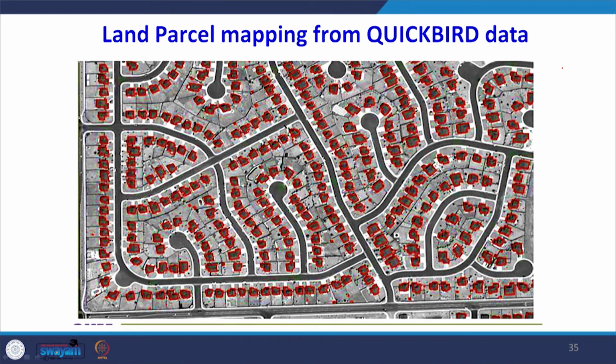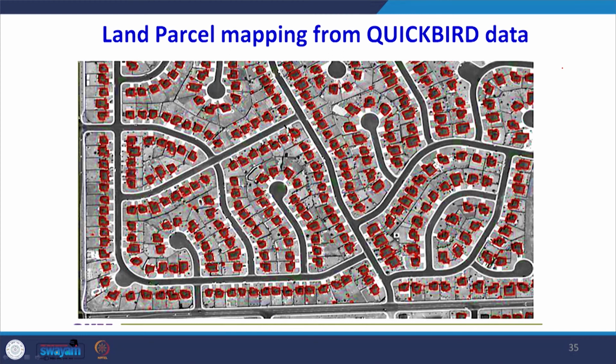Now, if we have to map individual buildings, suppose we have to create a map which is used for collecting the revenue from the constructed area, for example, for the municipality who are collecting the revenue on the constructed area, these satellite images have been used for that purpose, and here each and every building has been mapped.